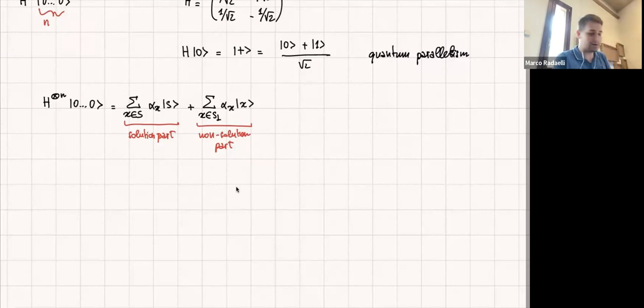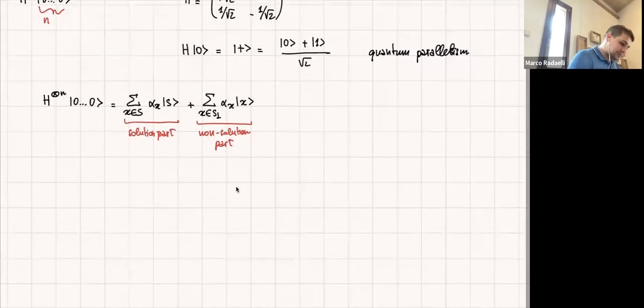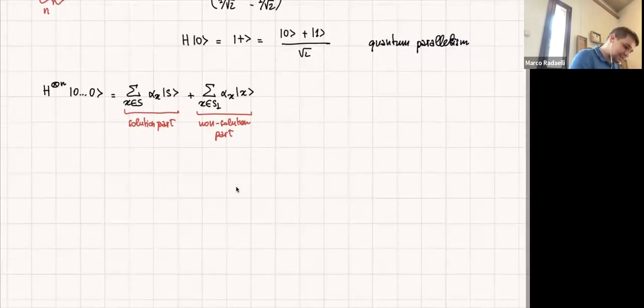It's going to become clear when we start doing some calculations. Sorry, this is wrong, it should have been X. Now, we are going to move directly to this bidimensional picture.